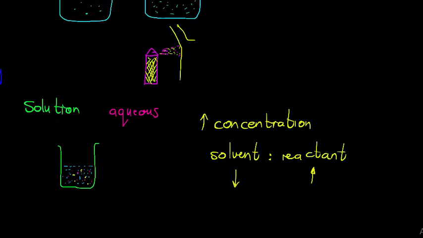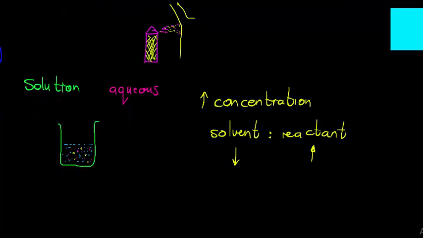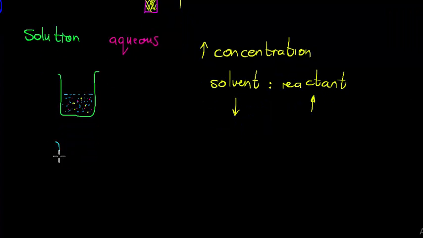So basically we've got one of two options. Either we can have less solvent and the same amount of reactants and the same amount of the other product, or I can, of course, keep the same amount of solvent and just add more of my reactant, and it works exactly the same because there are more of the reactant available, or because of the space wherein the reactant finds itself.